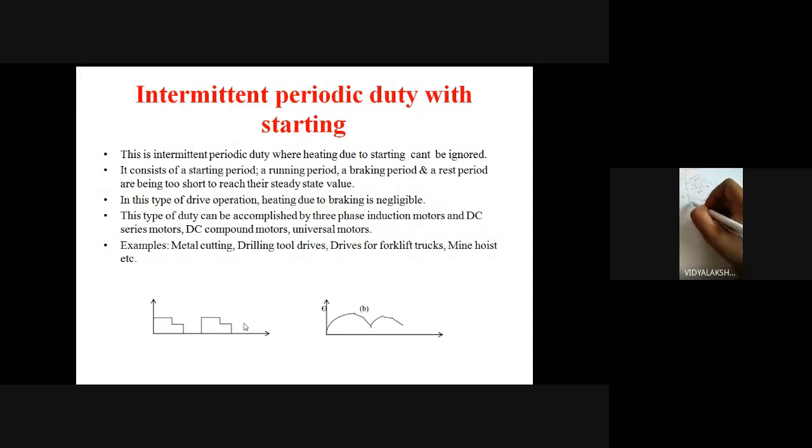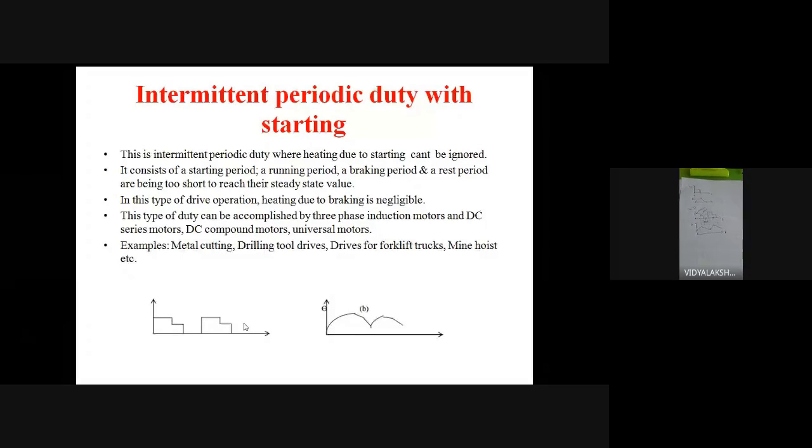While starting, my temperature graph will be increasing, and while running it will start decreasing, and then while at rest it will go down to almost 0. After that I start my machine, it starts increasing, and then I have to rest. So you have to consider my cooling curve with respect to the running period, while the heating curve depends upon the starting period only. That's why it is called intermittent periodic duty with starting.